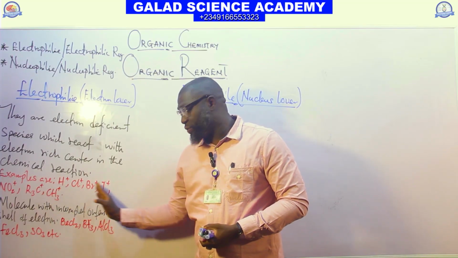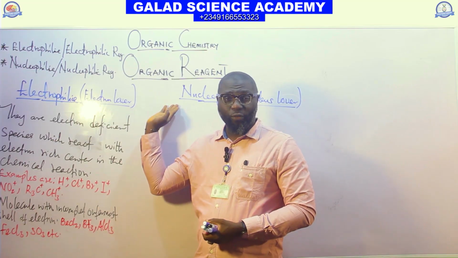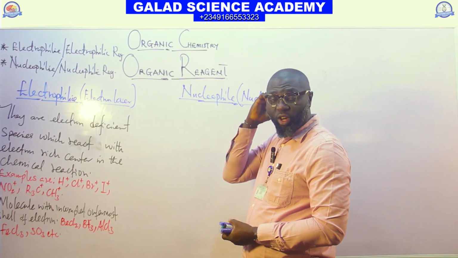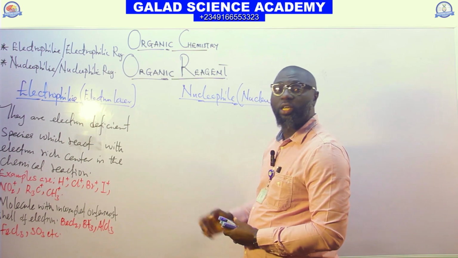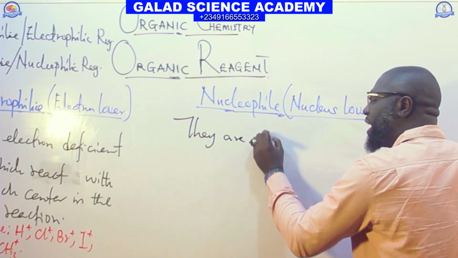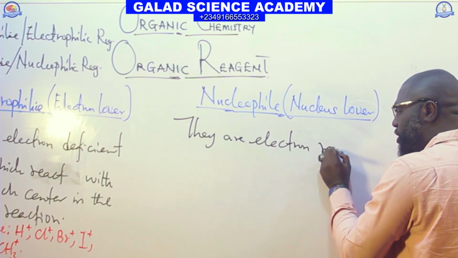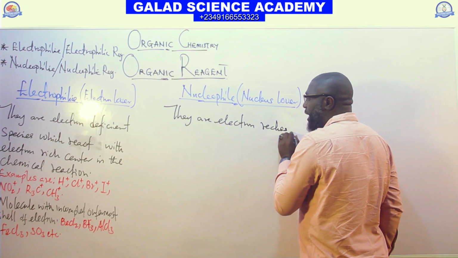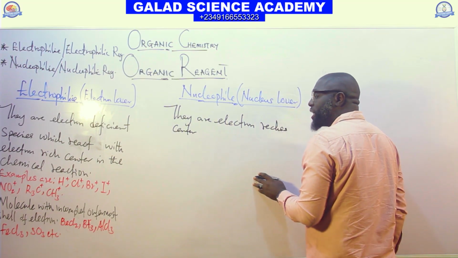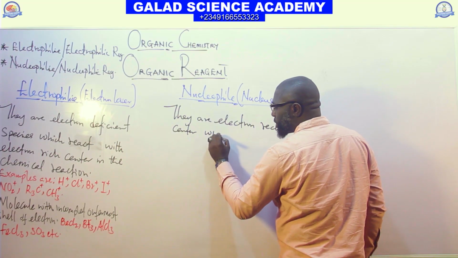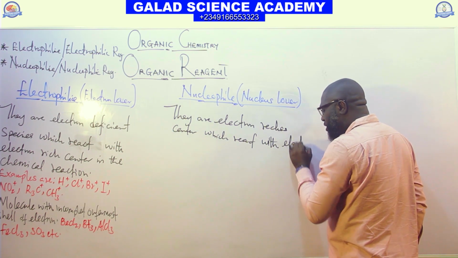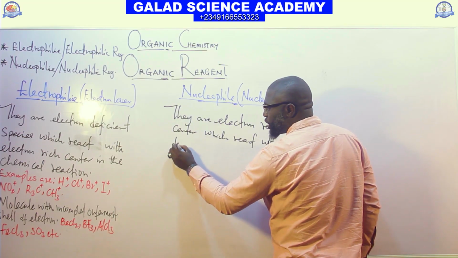Any compound with positive ions is an electrophile, but any compound with negative ions is called a nucleophile, like hydroxide minus. Nucleophiles are electron rich centers which react with electron deficient species.